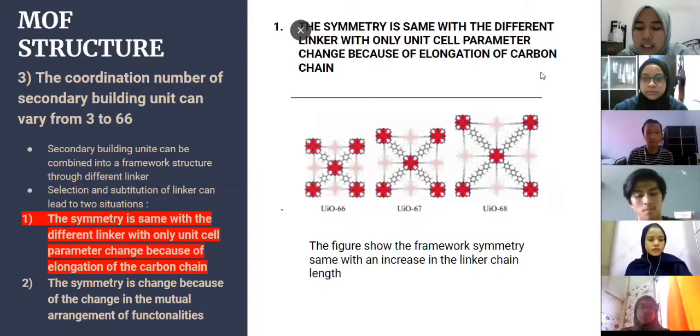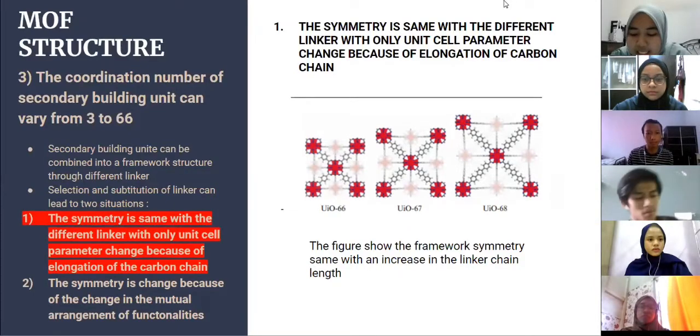This is due to elongation of carbon chain. For example, we can see from UiO-66 to UiO-68. The figure shows the framework symmetry is the same with an increase in the linker length. That is what we call the unit cell parameter.